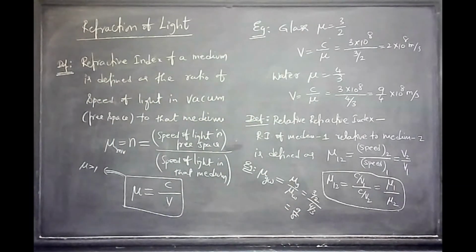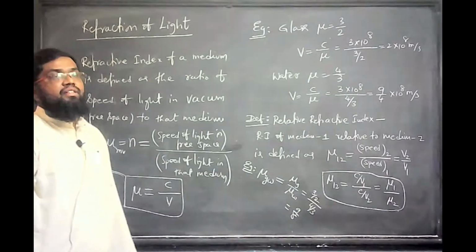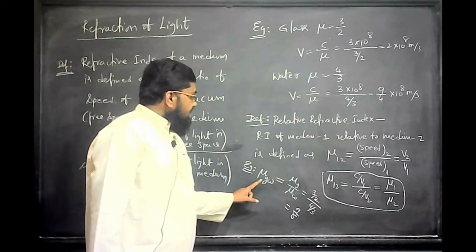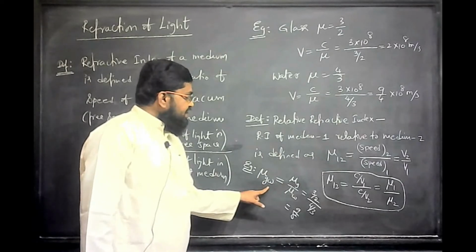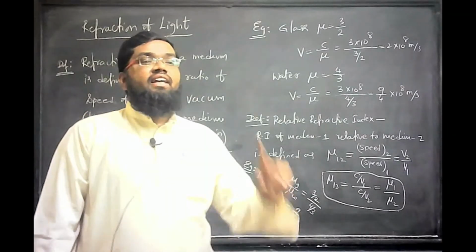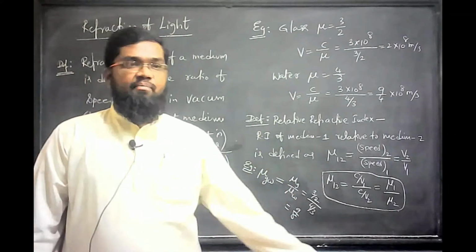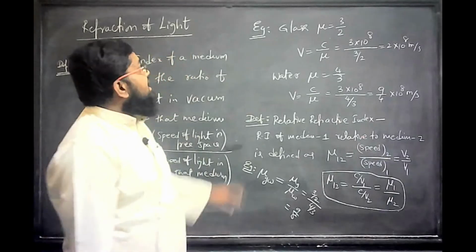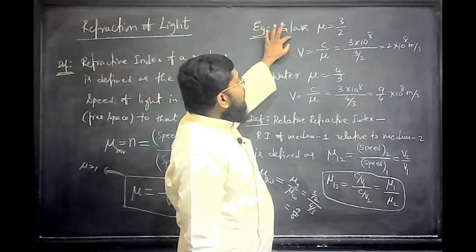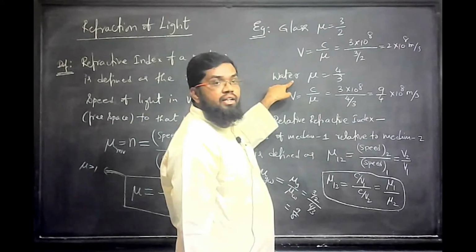So 3 by 2 means 1.5, and 4 by 3 means 1.33. So the refractive index of glass with respect to water is greater than 1. Why? Because glass has a higher refractive index than water.